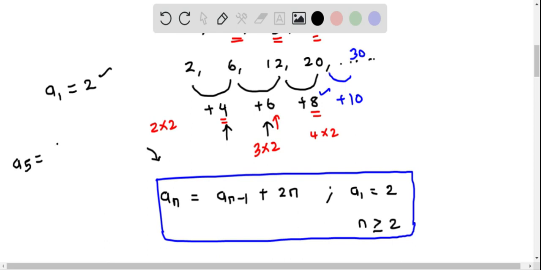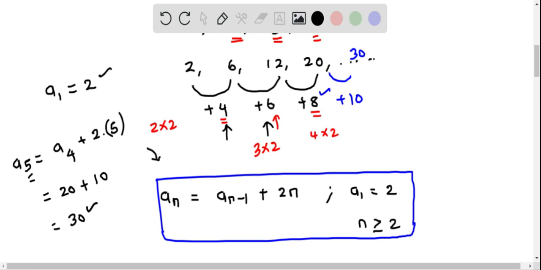So this becomes a sub n minus 1, that is 5 minus 1 is 4, plus 2 times n, which is 5, so it becomes 2 times 5. We know that a4 is 20, so I plug in 20 plus 2 times 5, which is 10, and this gives 20 plus 10 equals 30.